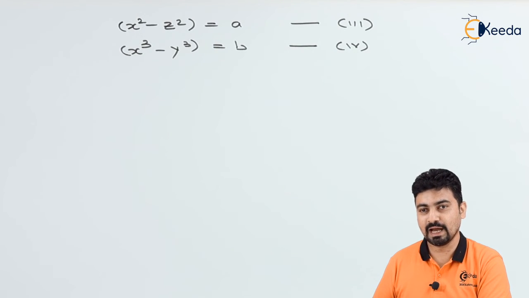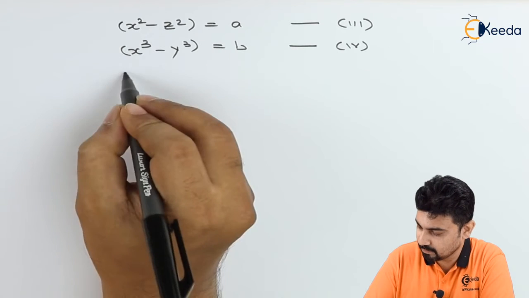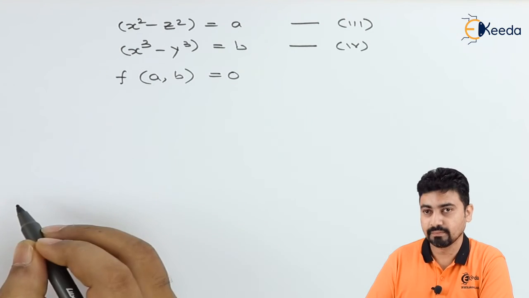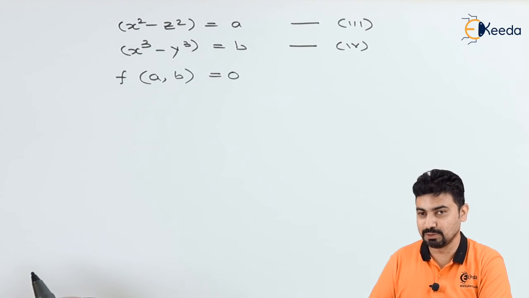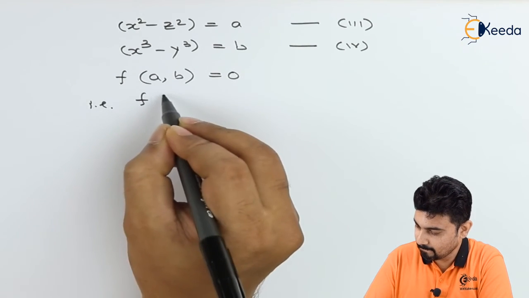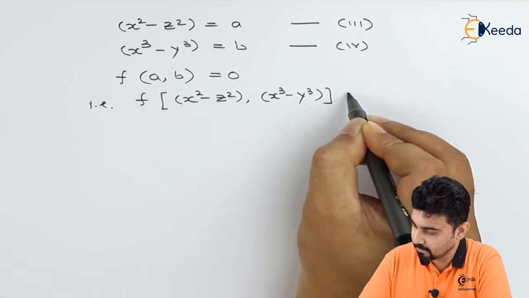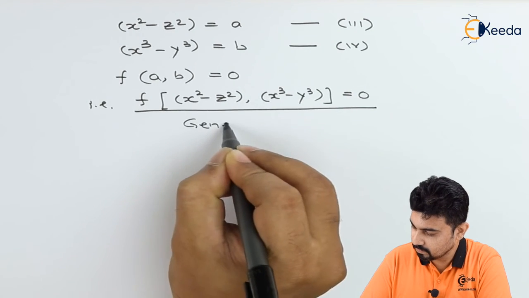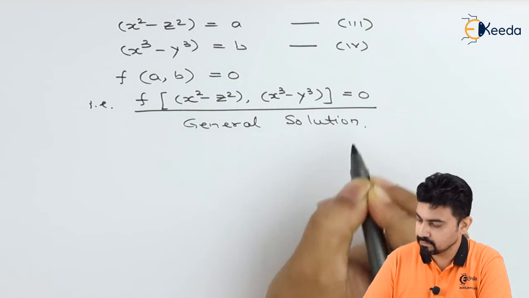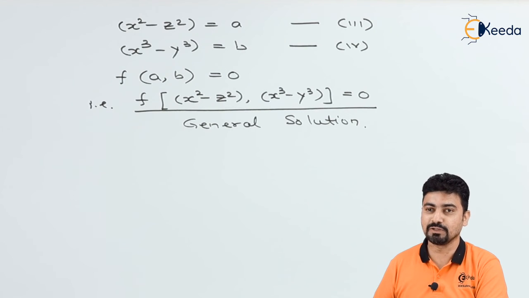So we combine this and we get our final solution as f of a comma b is equal to 0, that is, we get our final general solution for the given linear partial differential equation.